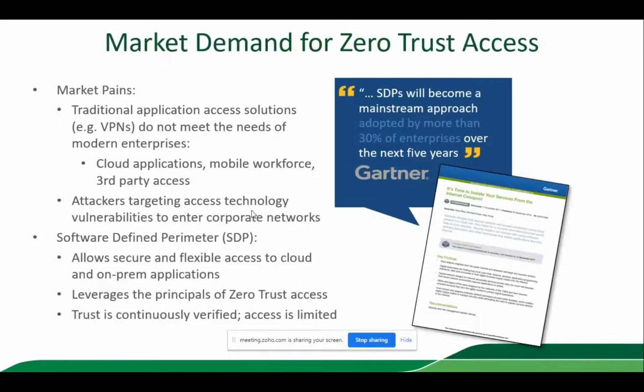Zero Trust fundamentally changes how your enterprises allow users to connect to the internal resources and applications. Existing solutions, like VPN or having your applications on the DMZs, are not up to this task because, number one, they are not built for the cloud generation. Number two, they also provide attackers with a way in to gain access to your network.